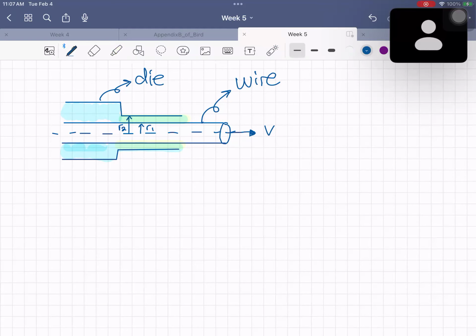And what coordinates are you going to use? Spherical? No. Cylindrical, right? This of course will be the r direction, and let's set this as the z direction.